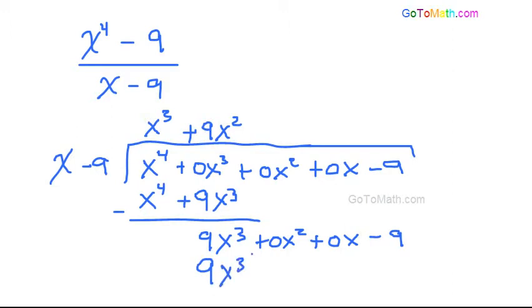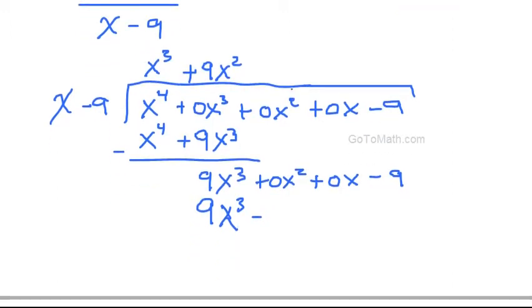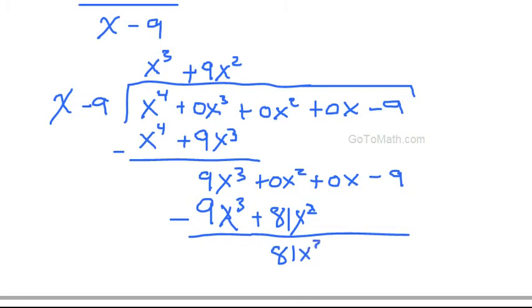Then 9x squared times 9 is negative, that's going to be negative 81, isn't it? Negative 81x squared. Okay. We got minus, plus, and what do we got? We got 81x squared plus 0x minus 9. So you see why we put these zeros in here.